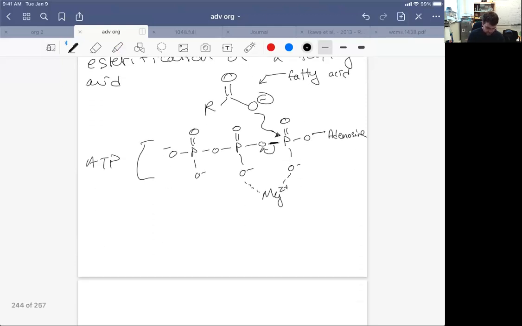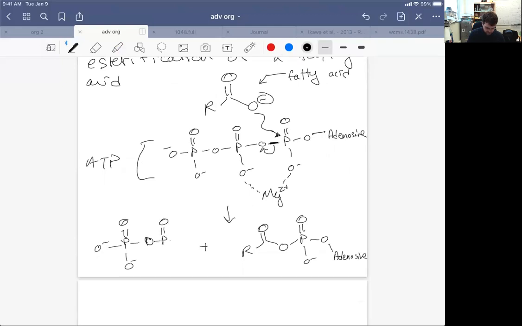And what we're going to be left with is an acyl phosphate where we have inorganic diphosphate shown as the leaving group.